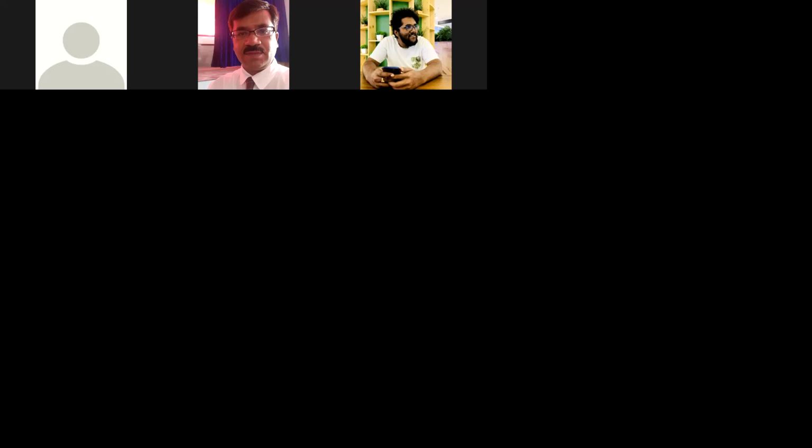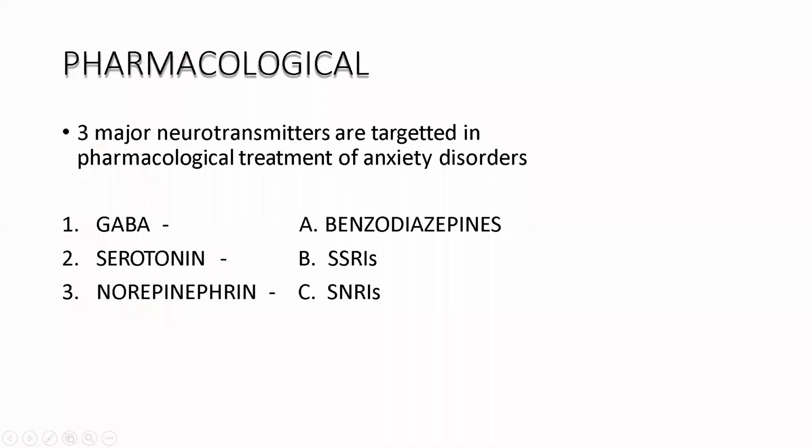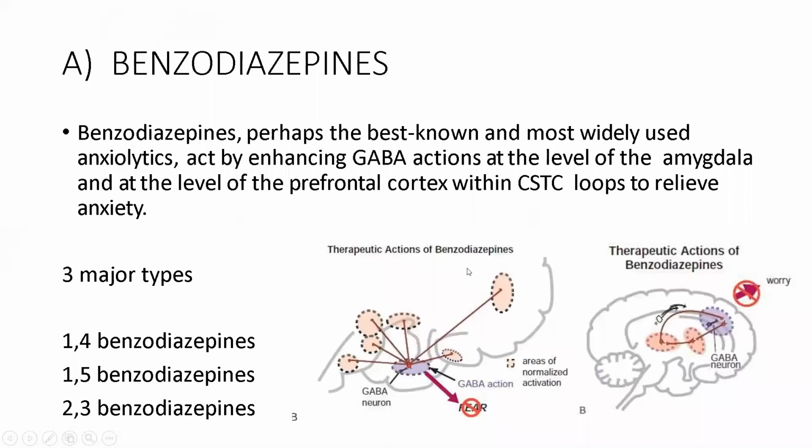Also SSRIs are used, selective serotonin reuptake inhibitors, which act on serotonin receptors. And also the SNRIs, serotonin norepinephrine reuptake inhibitors, which act on both serotonin and norepinephrine receptors. We have seen a lot of these mechanisms in the last class, in the class on schizophrenia.